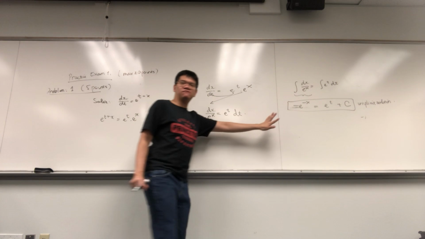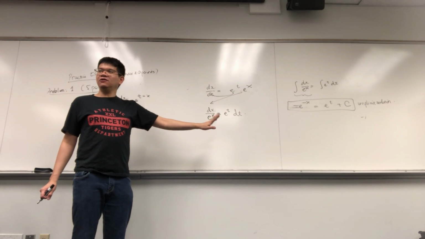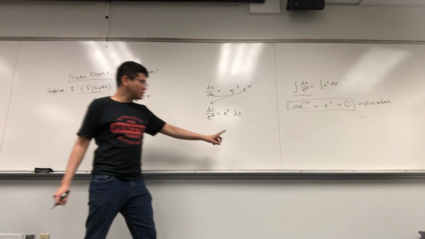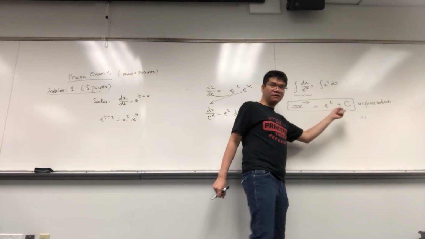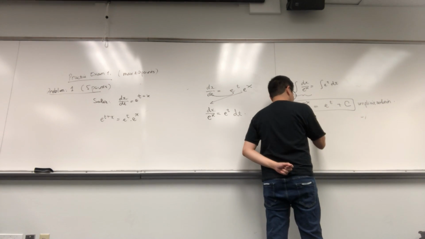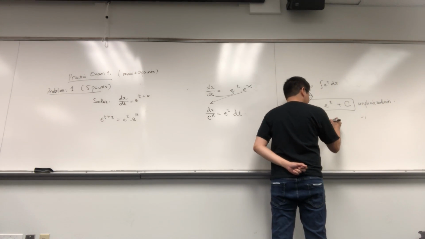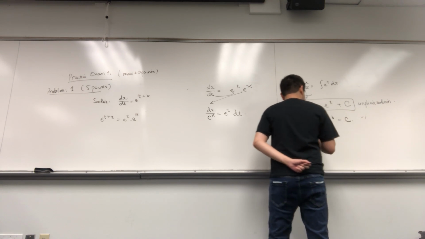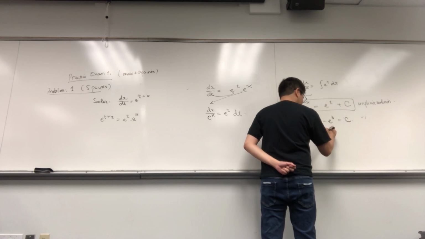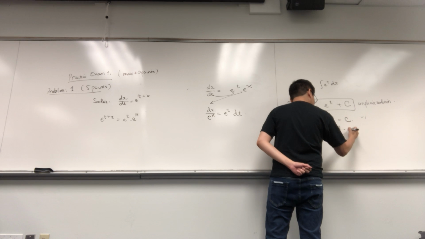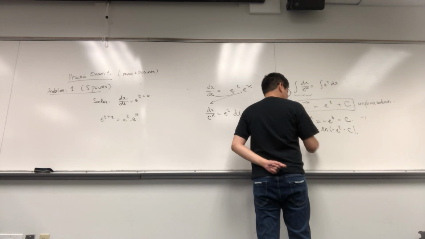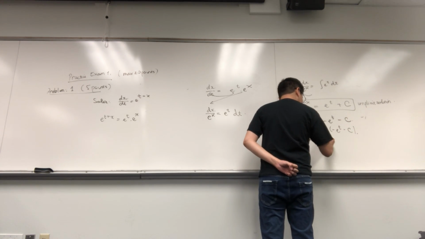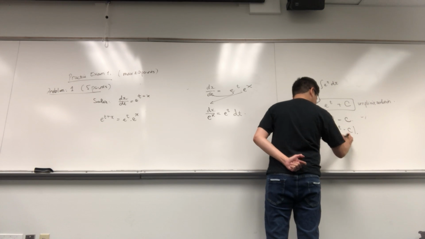You don't have the explicit formula for x yet. In order to have the explicit solution, you're going to have to take the log of both sides. So you have e to the power minus x is minus e to the t minus c. So minus x will be log of minus e to the t minus c. So x will be minus log of minus e to the t minus c.